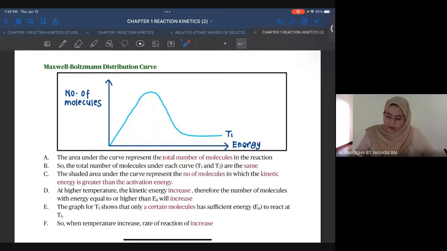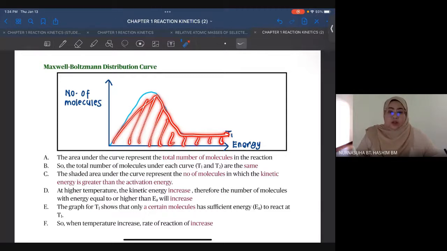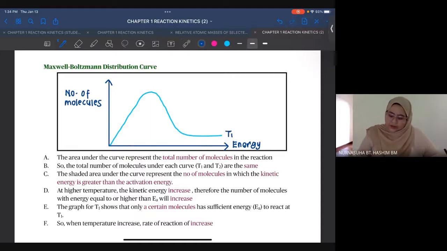Okay, so ruang bawah ini is the total number of molecule in the reaction. So katakanlah medium ada 1, 2, 3, 4, 5, 6, 7, 8, 9, 10. Okay, katakanlah kita ada 10 molekul, contoh.